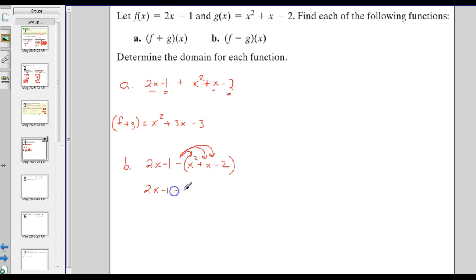But then I get a minus x squared, a minus x, and a plus 2. So I changed all the signs for g. Now when I combine my like terms, I have a negative x squared. 2x minus x is just 1x. And the negative 1 plus 2 is positive 1. So there's f minus g.